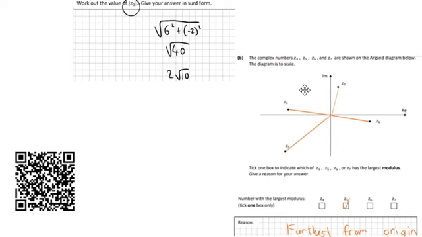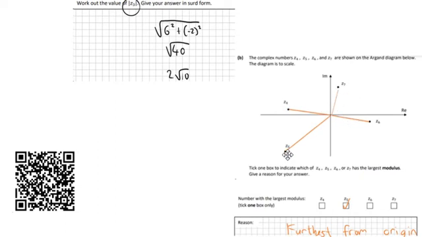The part B last year was an interesting kind of question. It was a little bit unusual. You had to say which one has the largest modulus, so it's testing you on if you actually know what modulus really means. So modulus, what it actually calculates is how far away from the origin a complex number is. So if you look at all those complex numbers there, I've drawn a red line out to each one.